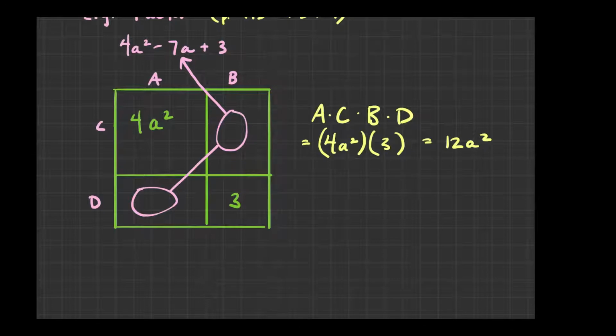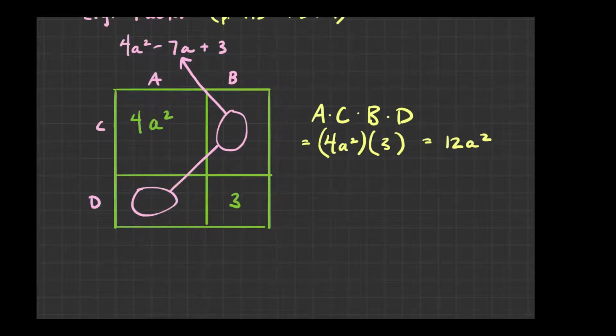So our goal is to say, okay, some of our negative 7a is going to go here, and another part is going to go over there, okay? That's what we need to figure out: how do we distribute this negative 7a throughout these two rectangles? That's really what we're doing when we're factoring a quadratic.